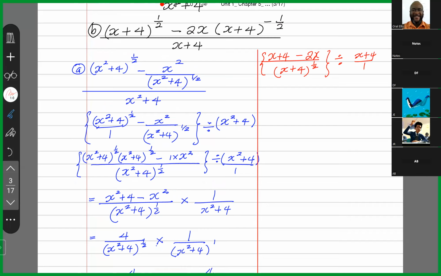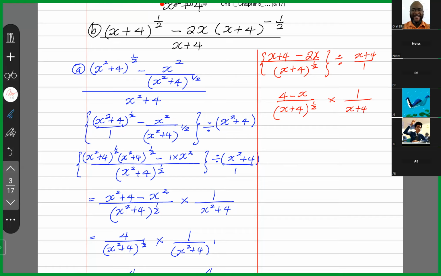That's the denominator. Simplify the numerator, we get 4 minus x, because x minus 2x is minus x, over x plus 4 to the half power, which is the numerator, multiplied by 1 over x plus 4.